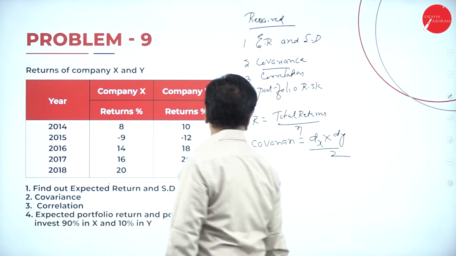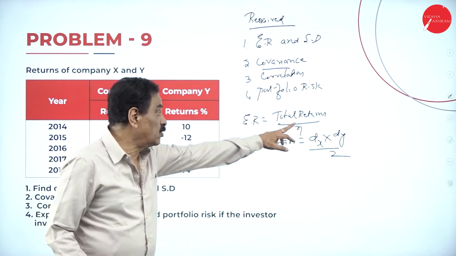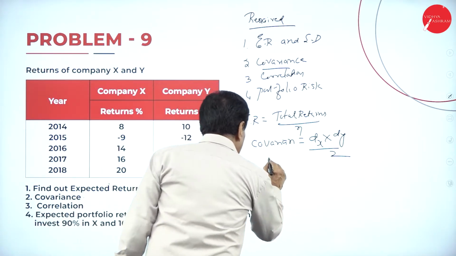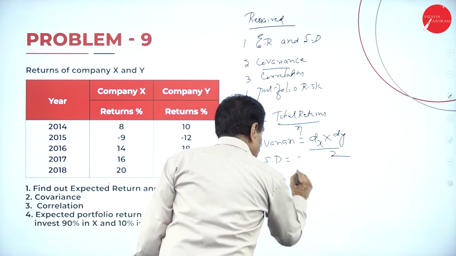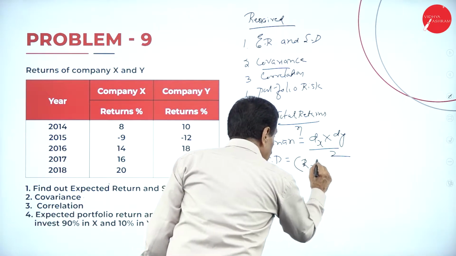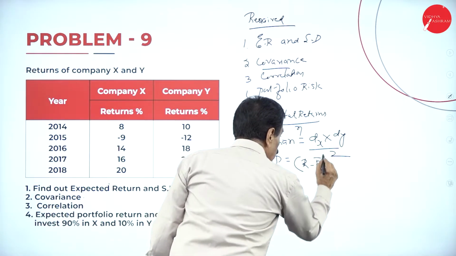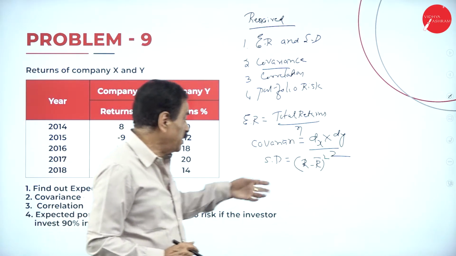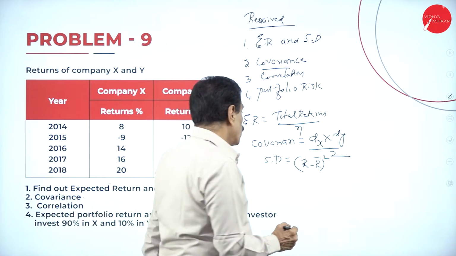This is what we require. Then for the standard deviation, you write R minus R mean whole square, and then take the root of these.